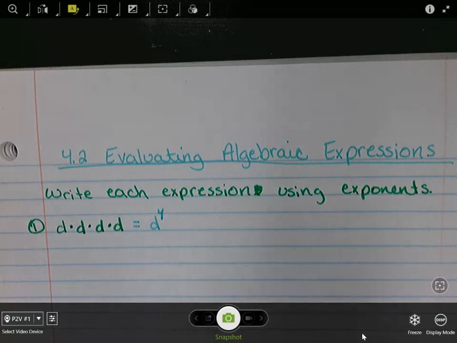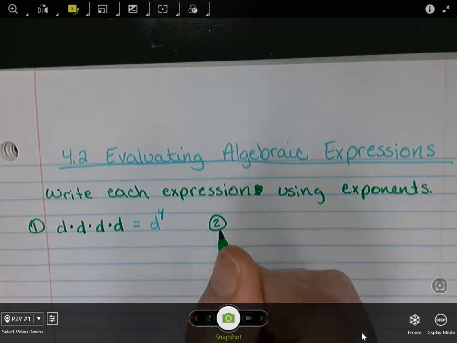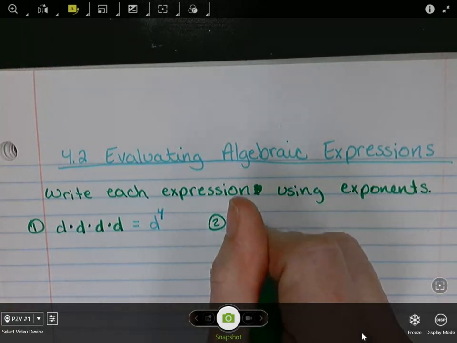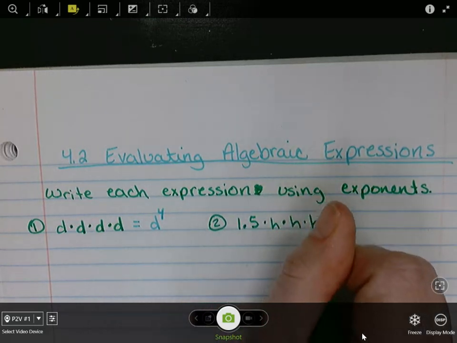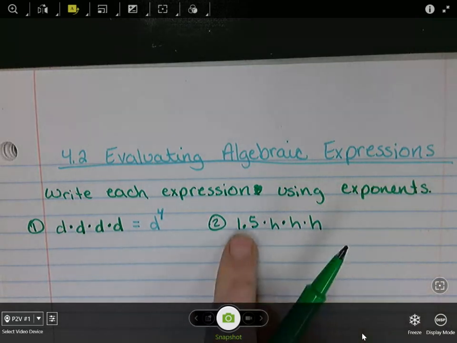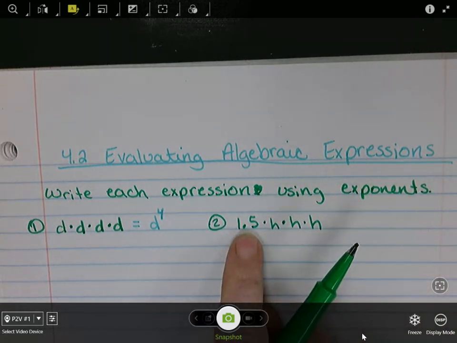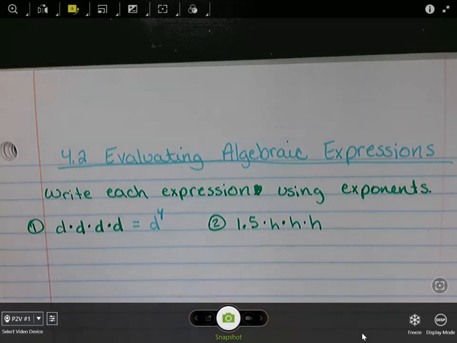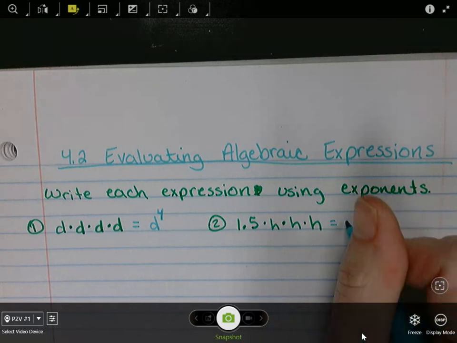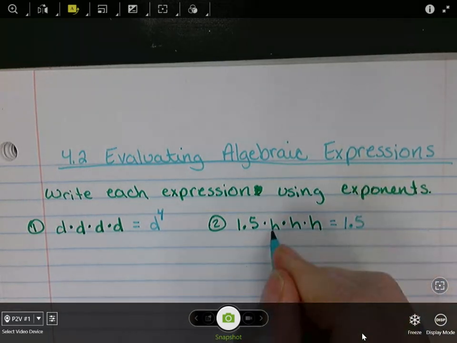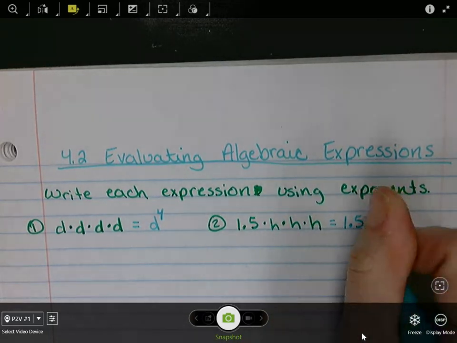All right, number 2. 1 and 5/10 times h times h times h. The 1 and 5/10 is not getting multiplied by itself or by anything else, so we would leave that like it is. However, h is being multiplied by itself 3 times. So the 1 and 5/10 we would leave alone, and h would be raised to the power of 3.